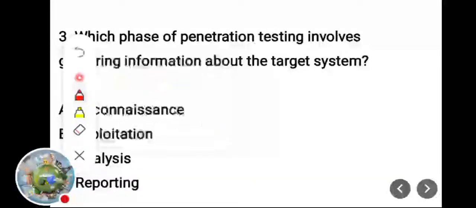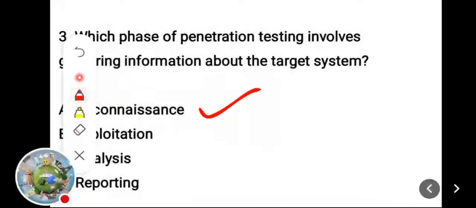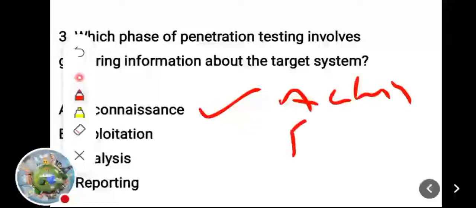So, the answer is Option A, reconnaissance. Reconnaissance means gathering information of the target system or application or software. In that, two methodologies are there. One is active, another one is passive. When the systems are running or currently working, that is called active reconnaissance.